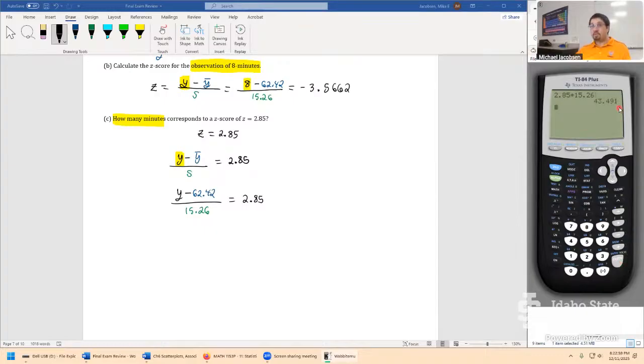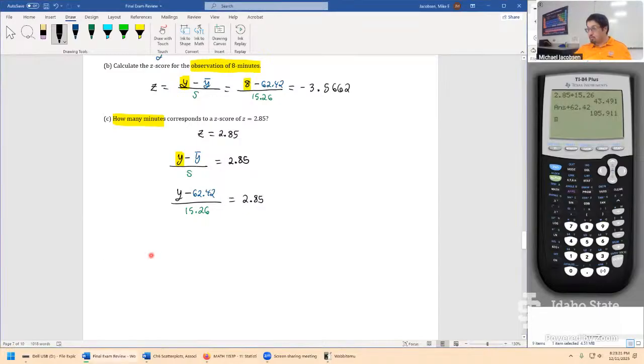You'll get a number out. Then immediately add 62.42. And that does the job. That's the solution, kind of in one step, practically, through the calculator.